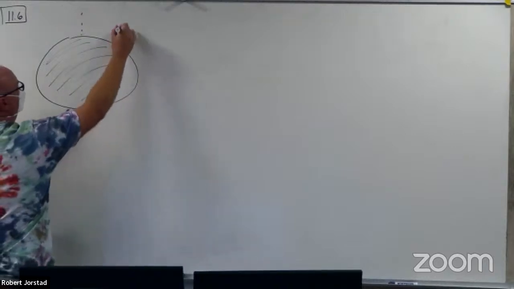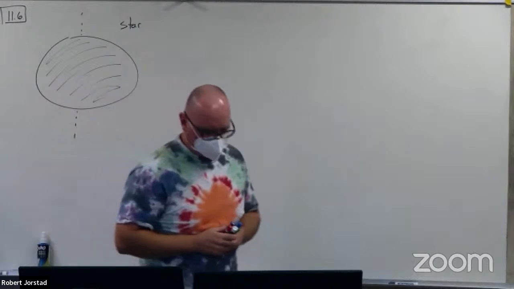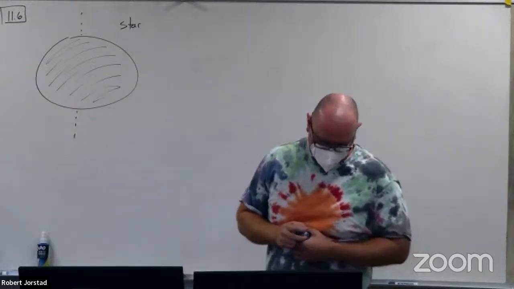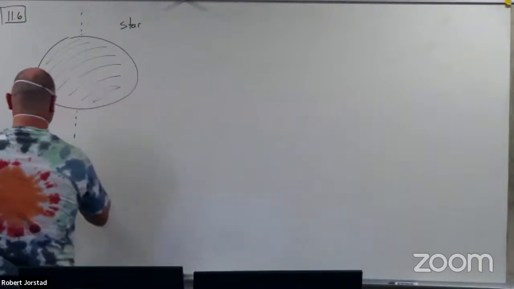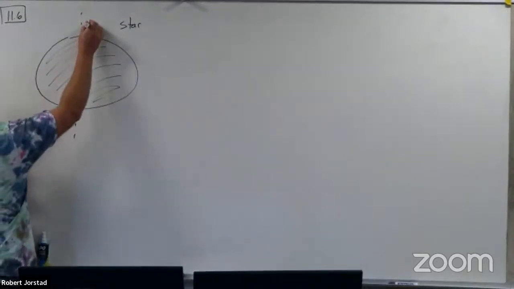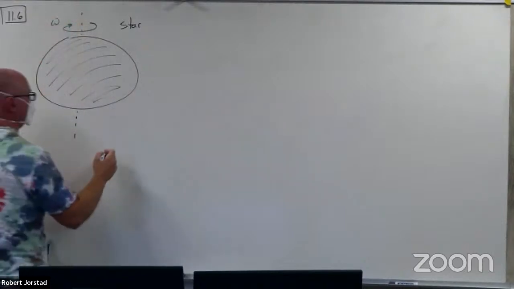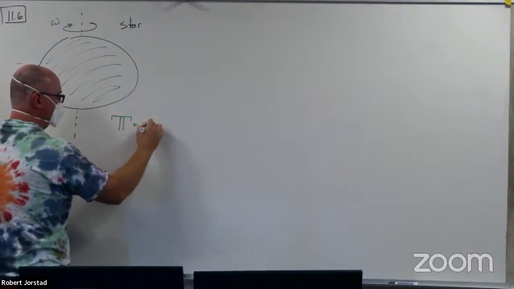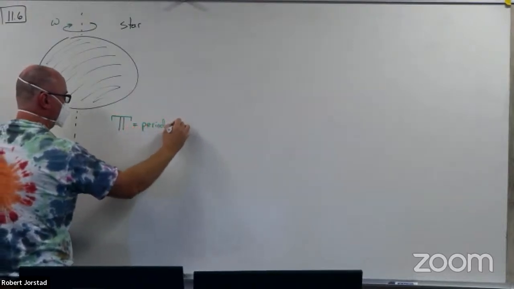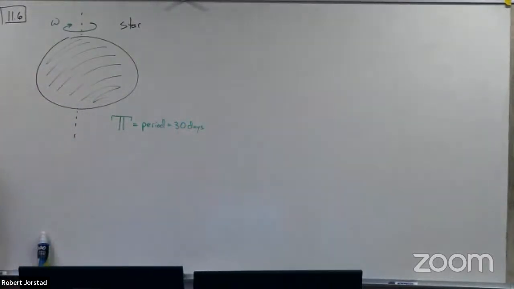Suppose we have a star, and it's initially rotating with a period of 30 days. In this particular image, we're told it's rotating about this axis. The period of the star is 30 days, 30 days to complete 1 revolution.